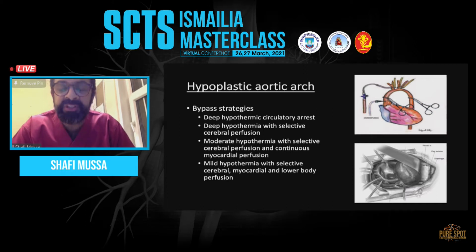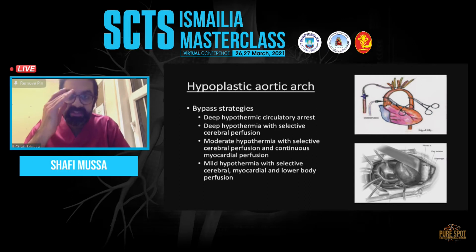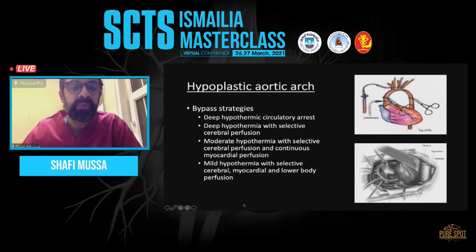Now we can insert a cannula in here and therefore perfuse the lower body while on bypass, as well as perfusing the brain and the myocardium, and therefore just isolating the arch in order to repair the arch. This is not a technique that is widespread, but is becoming more and more prevalent.